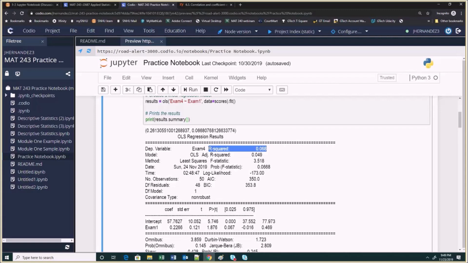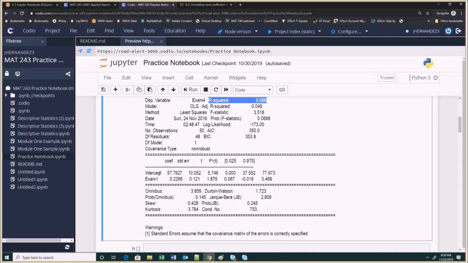And that's very low. So just like we explained before, because the correlation coefficient is so low, there's not really a good relationship between exam 4 and exam 1. That's translating into a model where we are unable to explain most of the variation in the dependent variable.